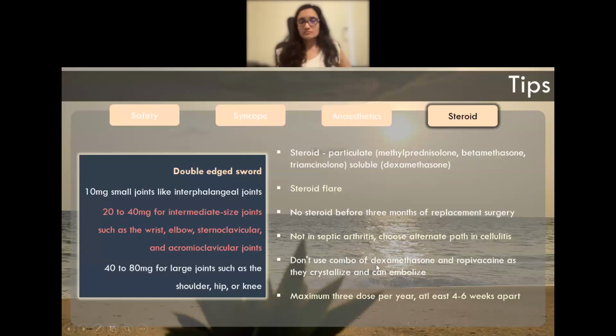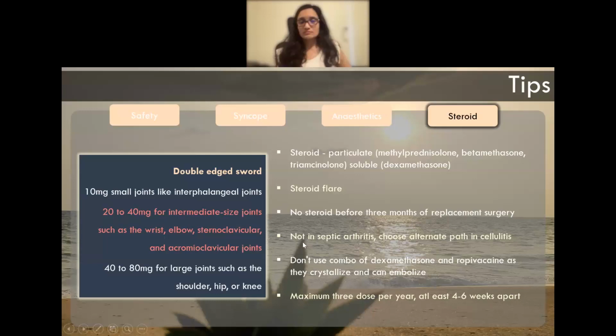And also, when we use dexamethasone, we should be careful. We shouldn't mix dexamethasone and ropivacaine, because the ropivacaine will cause crystallization of the dexamethasone, and once again we have the risk of embolization and infarction. And how often can we do this? We can give 3 doses per year, with at least 4 to 6 weeks between 2 injections of the steroid.